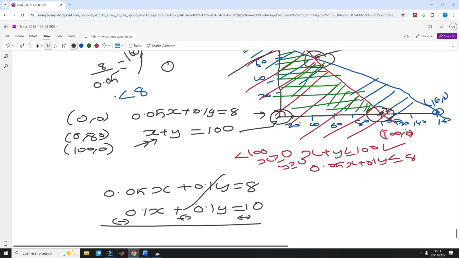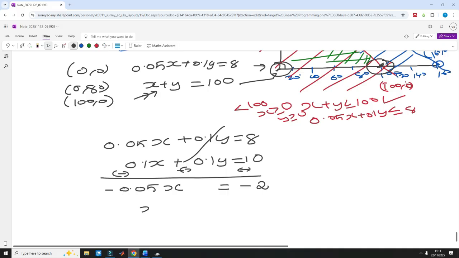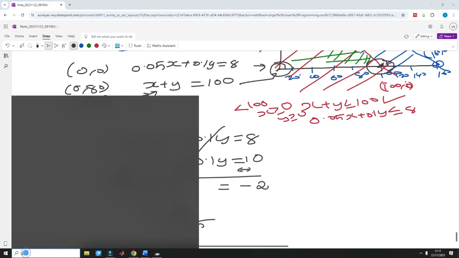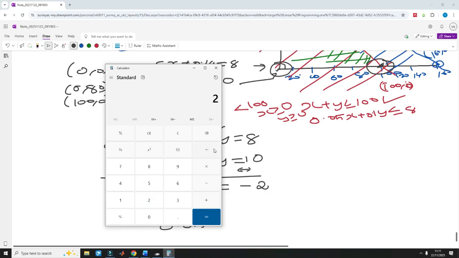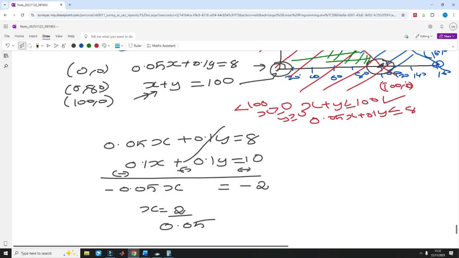So this gets cancelled, and you get -2 equal to 0.05 minus 0.1, so that will be minus 0.05x. So x should be equal to 2 divided by 0.05. So what's that value? 2 divided by 0.05 is equal to 40, isn't it? Yeah? So x is equal to 40.